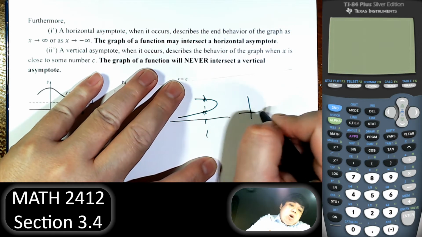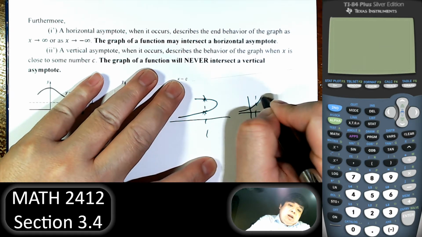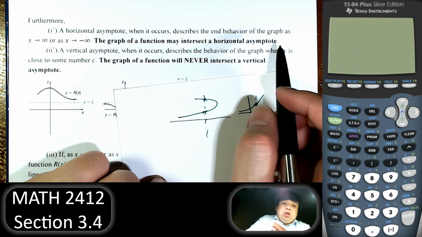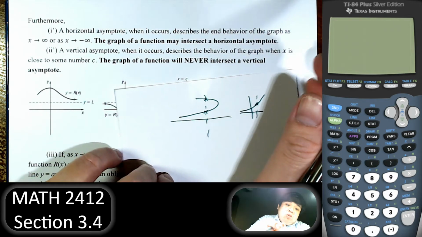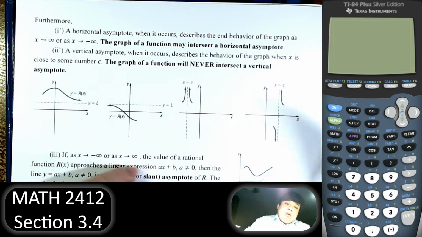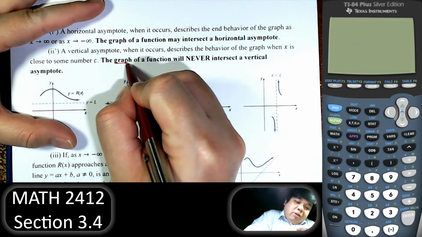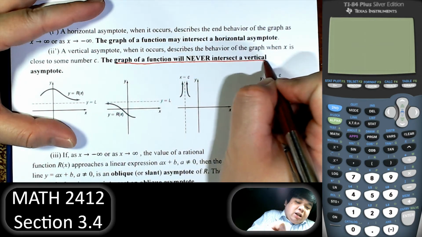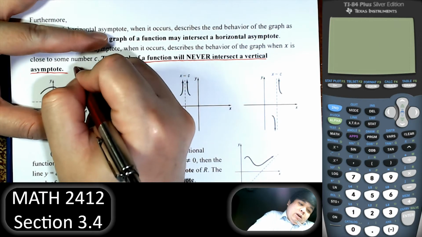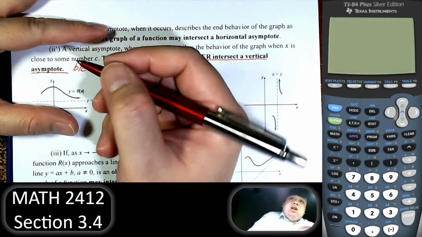Also, it will not cross it, because the vertical asymptote is where the function is undefined. So that's why the graph of the function never intersects a vertical asymptote.